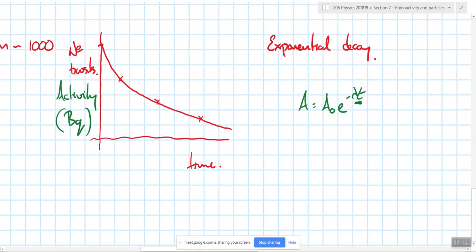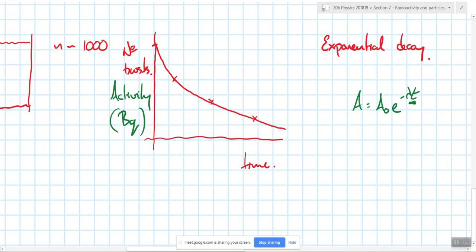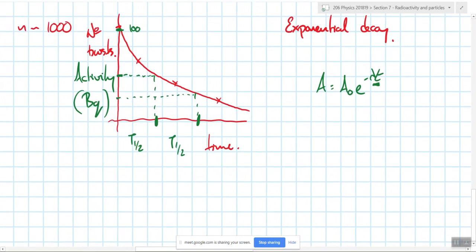But when we talk about the half-life, that should be the amount of time that it takes to go from 100% of the starting number to half of that value. We can say that this time is a half-life. Now to go from 50% to 25%, if I've drawn this properly, this amount of time here should be another half-life.